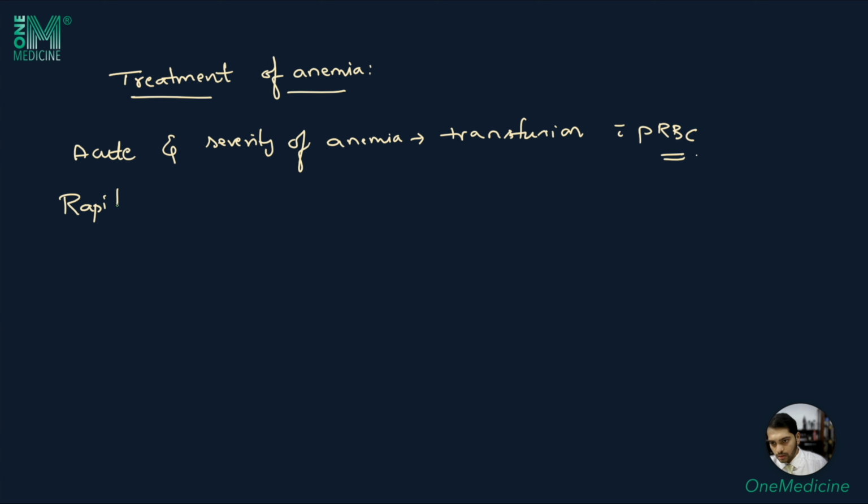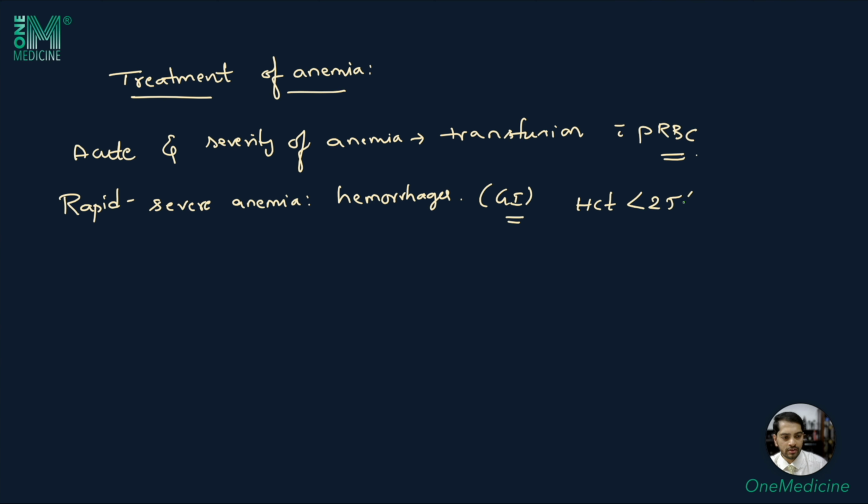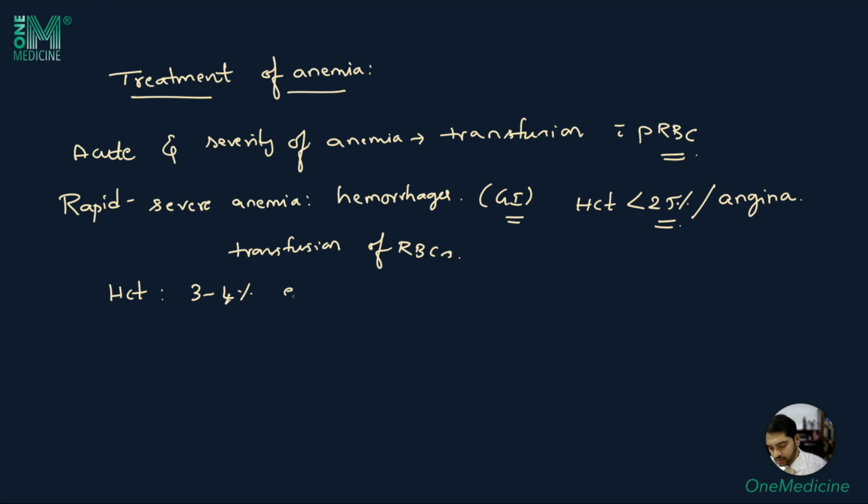Rapid occurrence of severe anemia, such as seen in hemorrhages in the GI tract, that leads to a hematocrit of less than 25% or development of angina, is an indication of transfusion of RBCs. As a general rule, hematocrit should increase by 3 to 4% with each transfusion, or hemoglobin should increase by around 1 gram per deciliter for each transfusion.